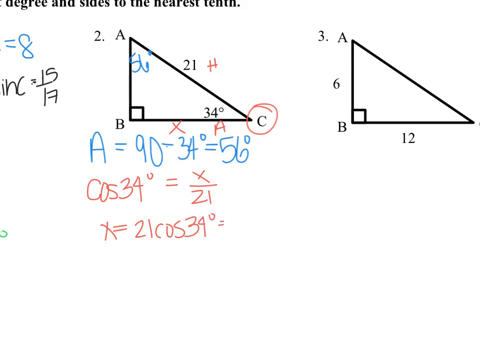Okay, plug that into your calculator, and we should get approximately 17.4. Okay, for these sides, it says round to the nearest tenth. So 17.4 equals BC.